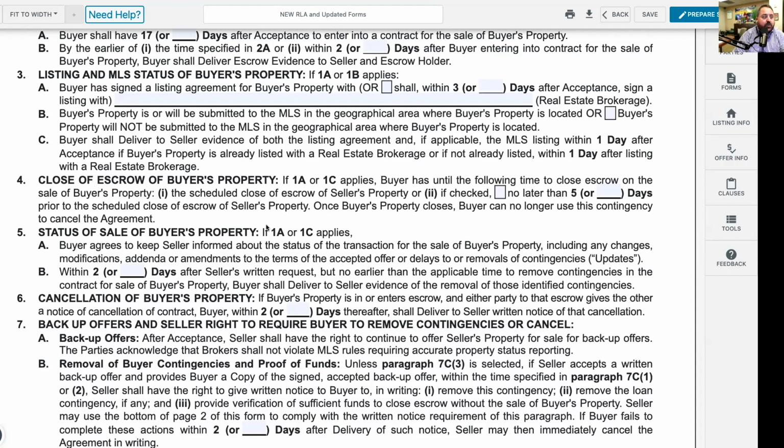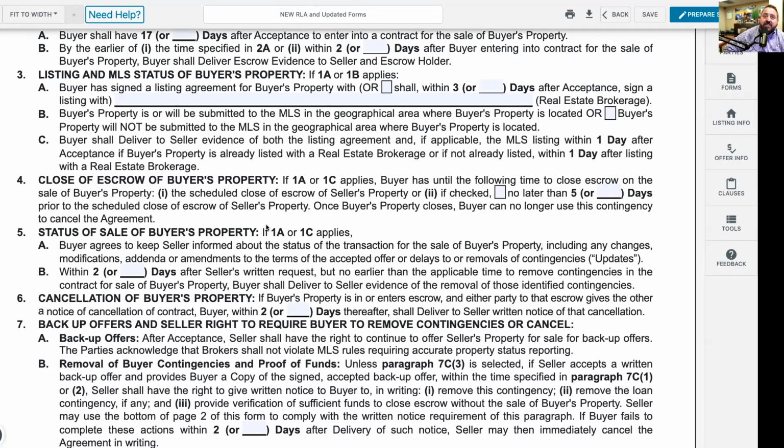The scheduled close of escrow of seller's property is by default. So, for example, I write this offer with the COP, contingent on me selling my down leg. We have a 30-day escrow, and I submit that and get that offer accepted today. That would give us till December 14th, right, to close escrow. I'm supposed to close escrow on December 10th on my down leg.